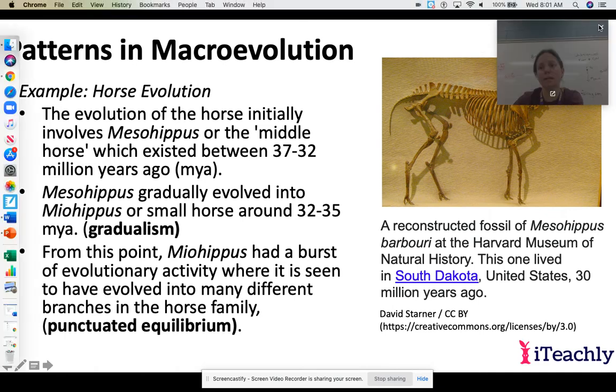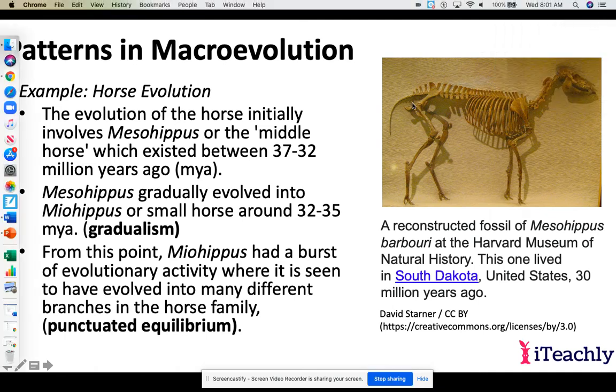So if we look at the evolution of the horse, or the middle horse, which existed about 35-ish million years ago, it gradually evolved, so we see gradual changes and gradual periods. But then all of a sudden there was this inactivity, and there's this burst of change, and there's a burst of activity where we see many different branches on the family tree.